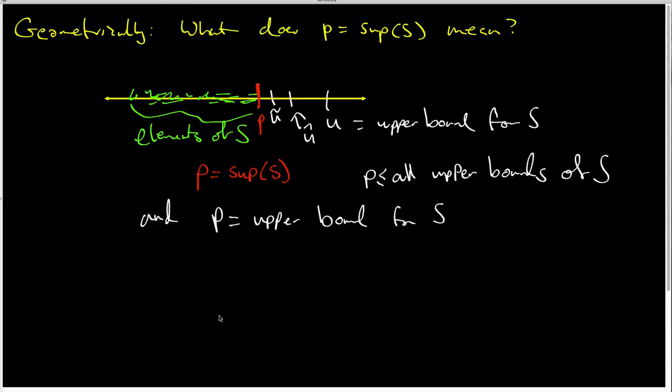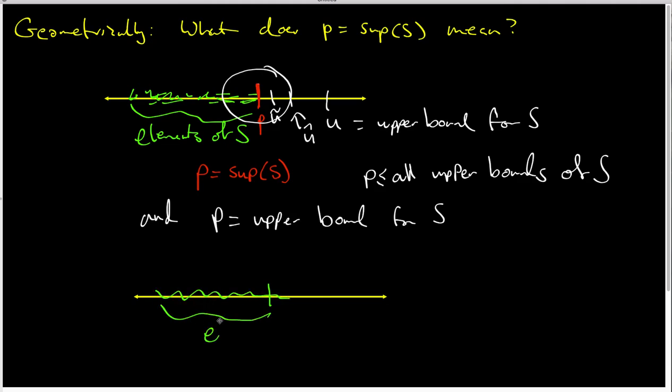for the set S. And so what that means is if we zoom in on this part of the number line, let's look at that a little bit closer. Here are some elements of S. And I want to be thinking in terms of that sup.